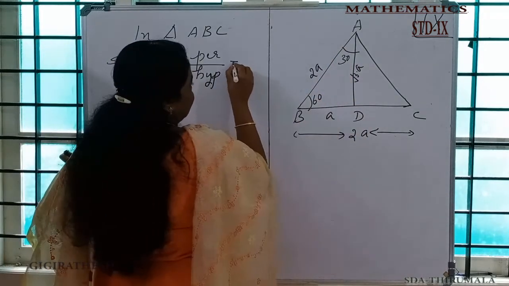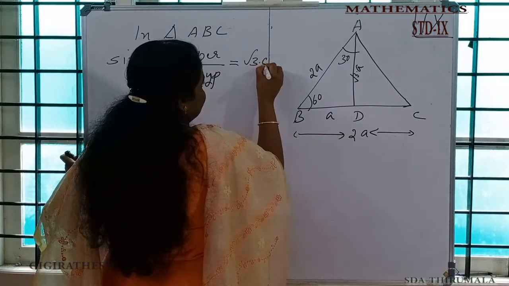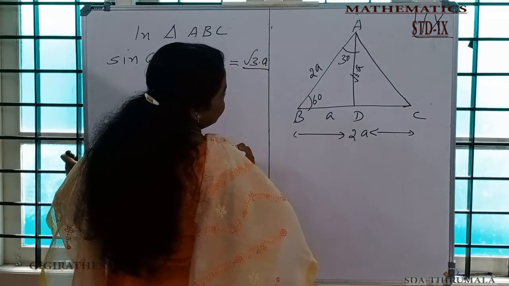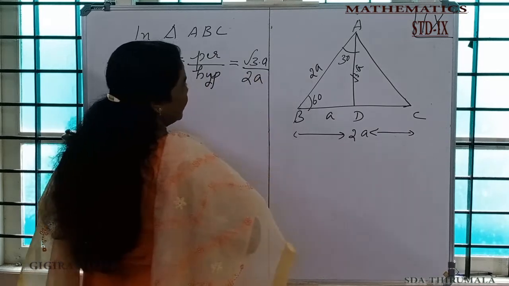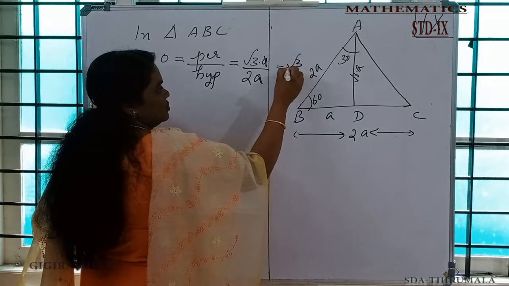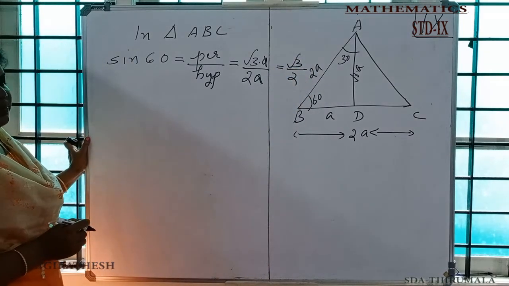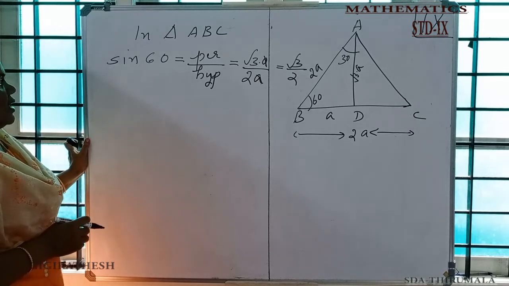AD is equal to root 3A, so root 3A by 2A, and cancelling this A we get root 3 by 2. Sine 60 is equal to root 3 by 2, and you should learn these values by heart.